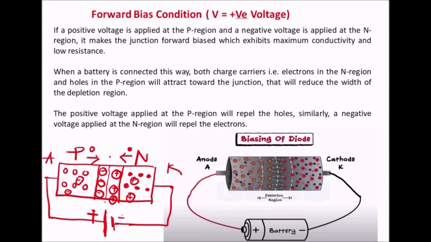The holes will move towards the junction on the positive side, and the electrons will move towards the junction on the n side, the negative side. Ultimately, more and more holes and more and more electrons will move towards the junction, neutralizing it and reducing the width of this particular junction.